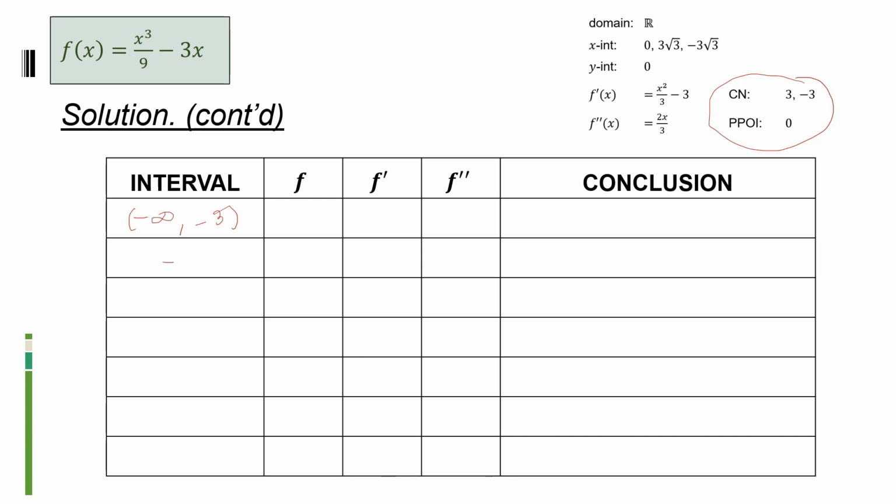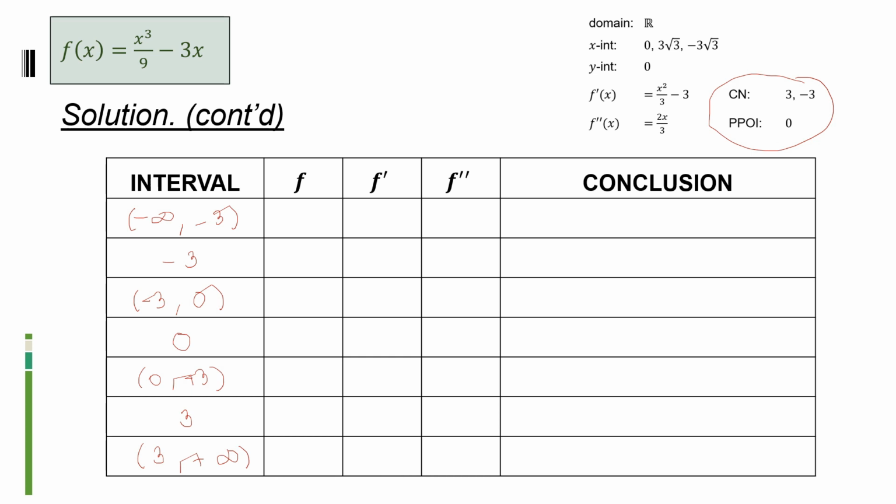Tapos, may critical number tayo na negative 3 dito. Then, next is from negative 3 to 0. Okay? Then, may critical number tayo na 0 dito. Then, from 0 to positive 3. And then, may critical number na positive 3. And then, from 3 to positive infinity.